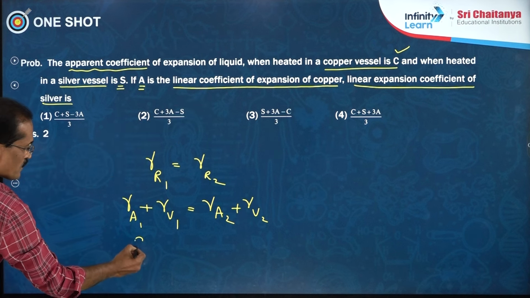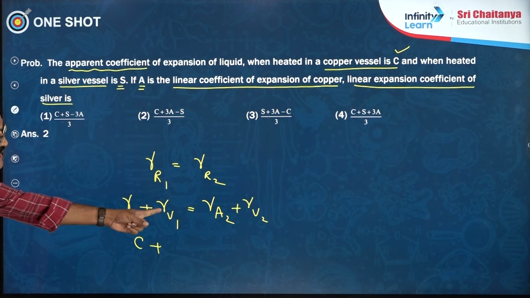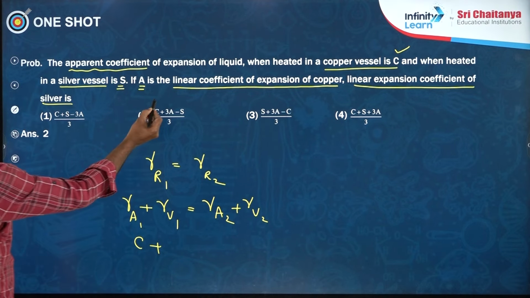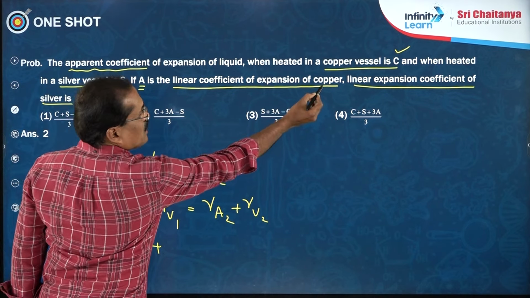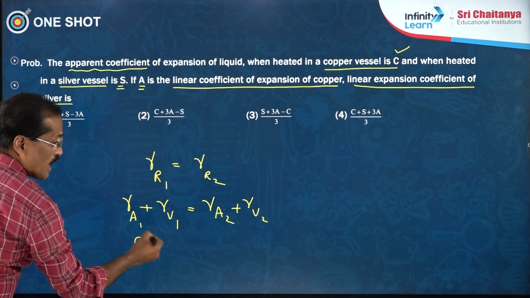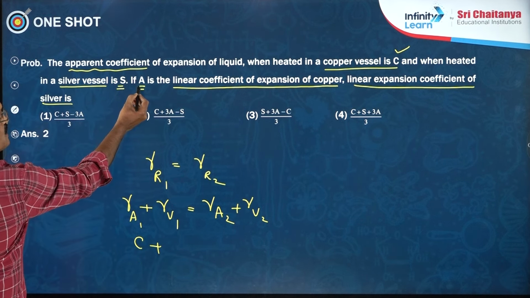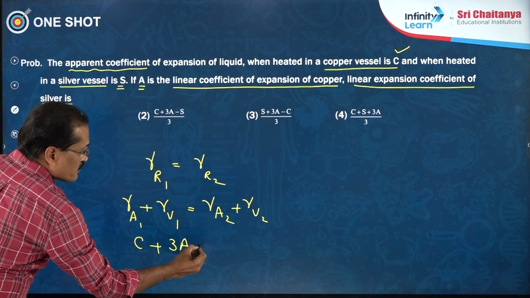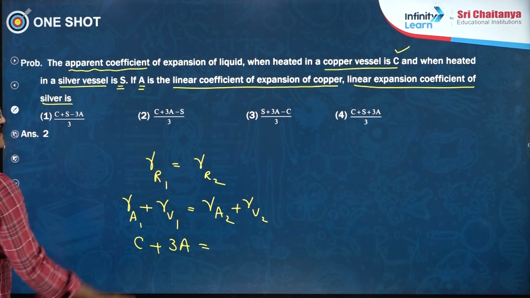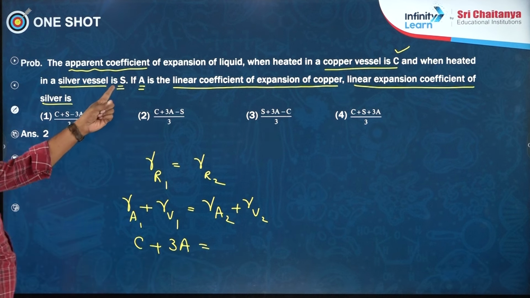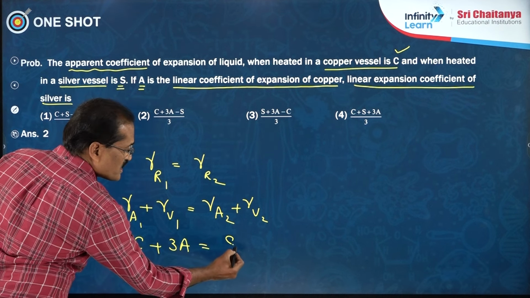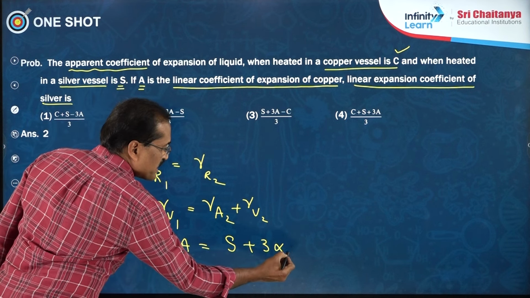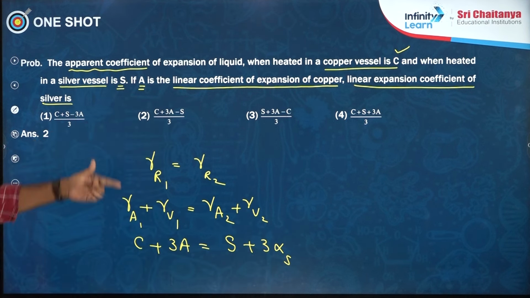Now gamma A in the first case is the coefficient of apparent expansion C, plus gamma of the vessel. The coefficient of linear expansion of copper is given as A, so the volume expansion coefficient is 3A. This is equal to gamma A2, which is S, the apparent coefficient in the silver vessel, plus 3 alpha in silver, which is what is asked.